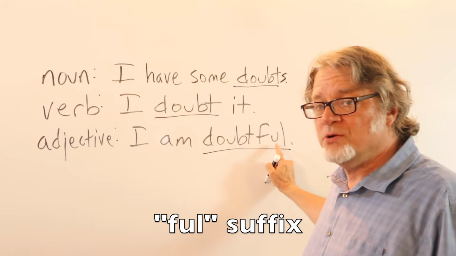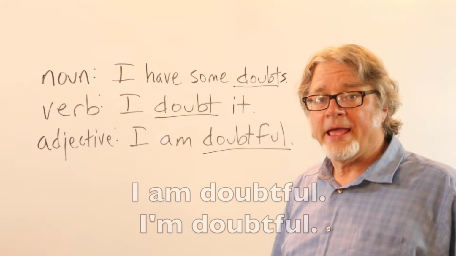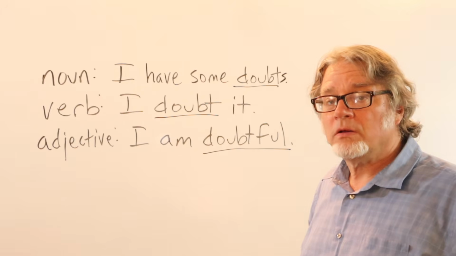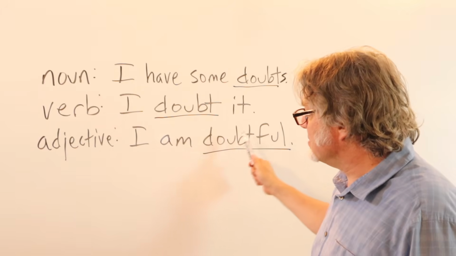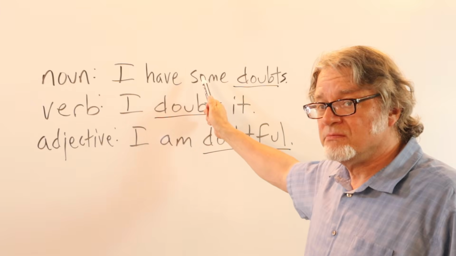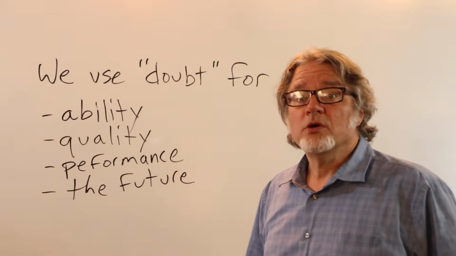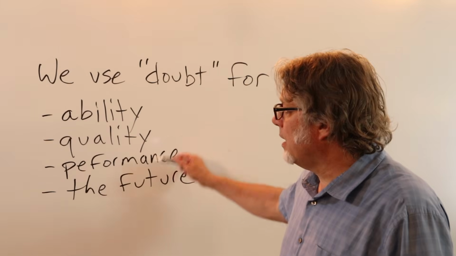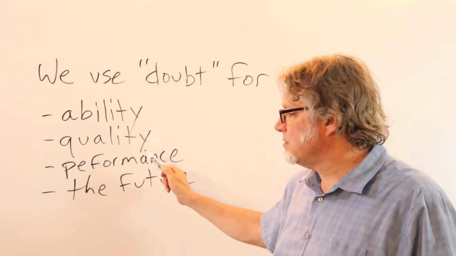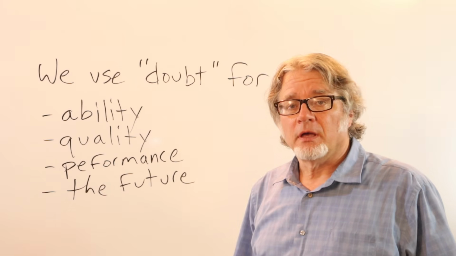Here's the FUL suffix that makes the adjective. I am doubtful, or I'm doubtful. Altogether, these three sentences have very similar meanings. I have some doubts. I doubt it. I am doubtful. We use doubt for ability, quality, performance, and for the future when you're not sure about something.